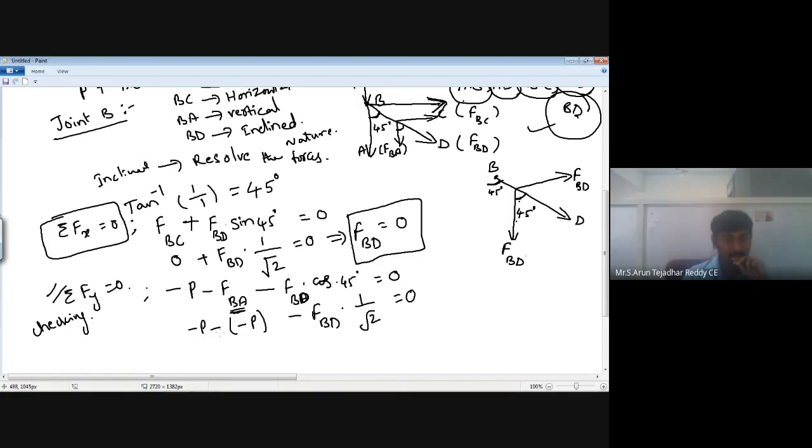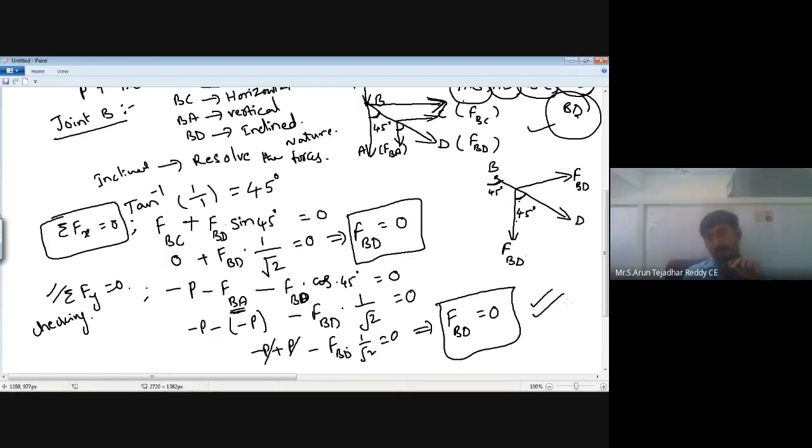Minus P, minus into minus plus, minus FBD 1 by root 2 is equal to 0. Minus P plus P cancel. Then simply FBD is equal to 0. So our checking is correct.